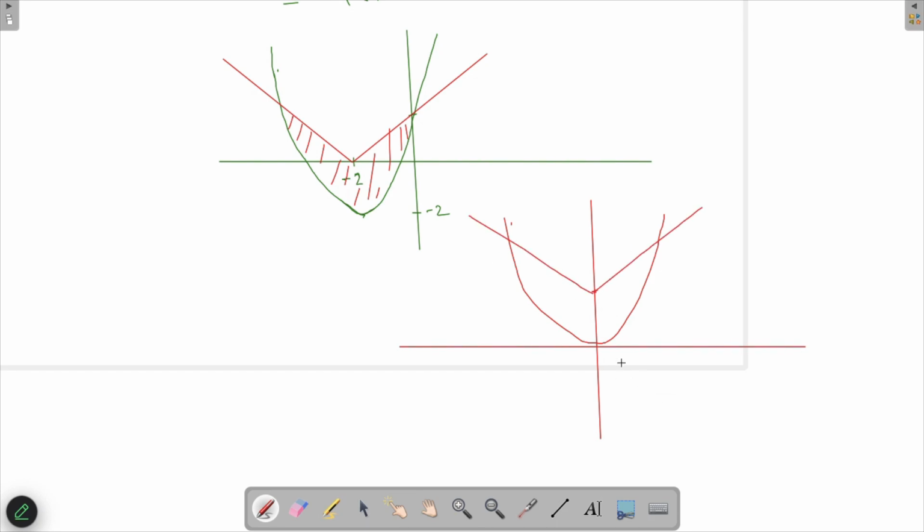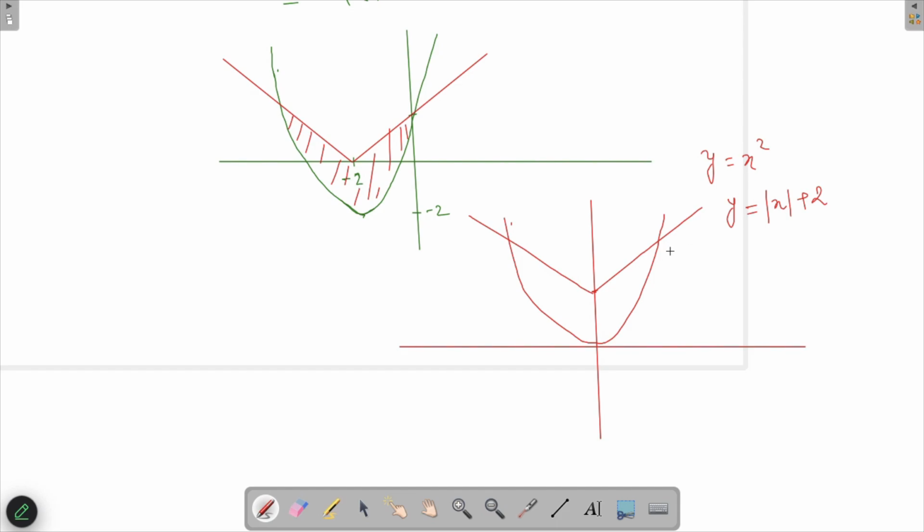So this is what my figure looks like, and it is a symmetrical figure. This is the area we will figure out. What I've done is just shift the curve, so this curve has become y equals x squared, and this curve has become y equals |x| plus 2.